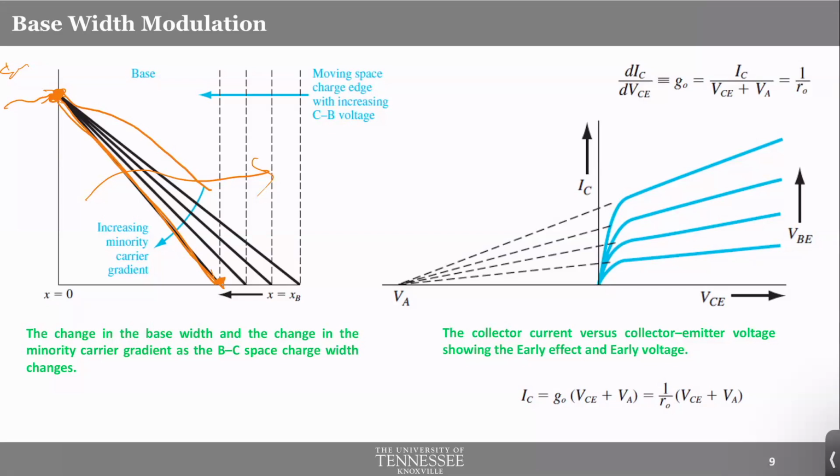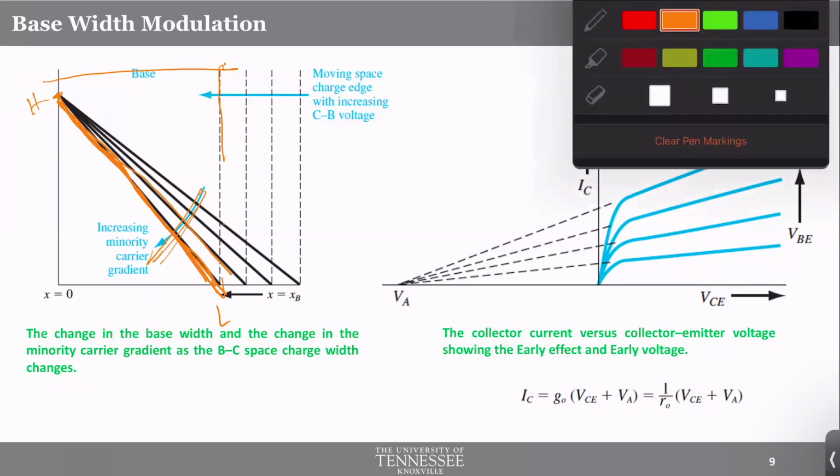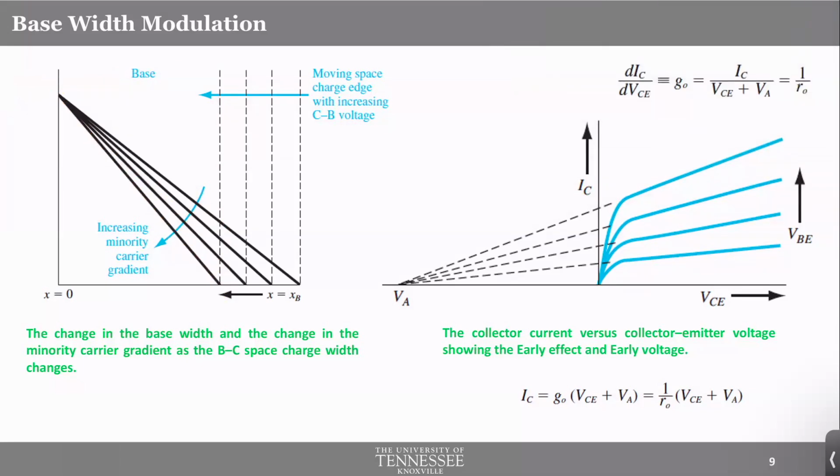Now, if you reduce the base width, this slope of going from high concentration to low concentration will be steeper. Notice that the slope has become steeper, and the diffusion current is related to the slope. If you remember from our previous lecture, the diffusion current cares about the gradient of this concentration. So if you reduce the effective base width, you increase the gradient.